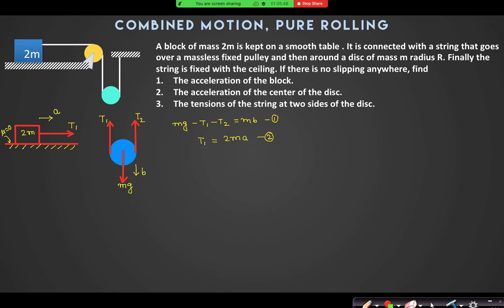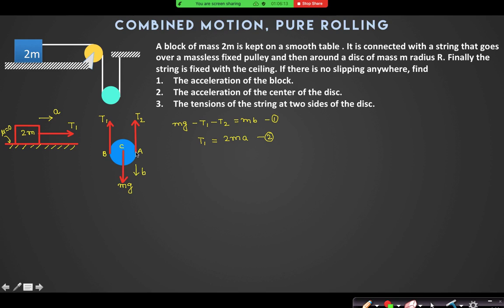Can you tell me a suitable point about which I will take torque? So the center of mass of that disk. About C, that's the center of mass of the disk. Yes, sir. But I have another easy way to solve it. Can I take torque about this point A?